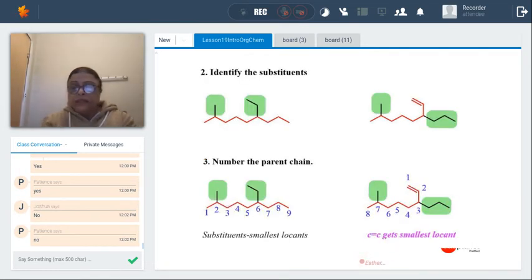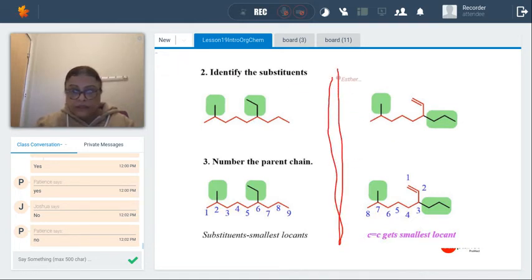Okay. So after I found the longest chain and I gave the pi bond the smallest possible number, what do I do then? I look at what substituents I have. So on the left you have an alkane, and on the right you have an alkene.